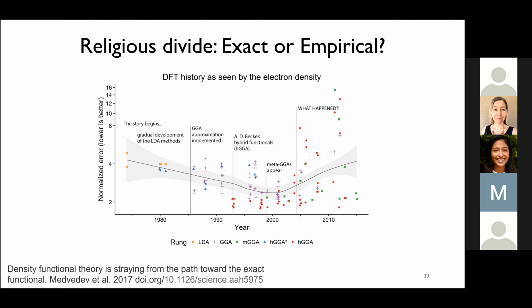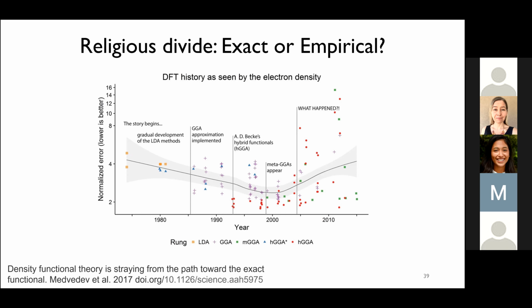Whereas the empirical crowd is saying, I don't care about the physics as much; I really want it to work exceptionally well on a different class of molecules or solids that I'm interested in. And so they go through and try to come up with something that matches really well to that, or they think really hard and scratch their brains and come up with some better theory that describes the exact conditions. And of course, these are just n members of the entire spectrum.